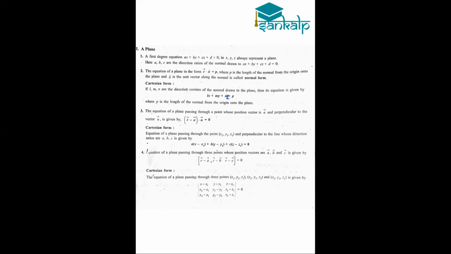The same equation can be written in Cartesian form as the determinant of x minus x1, y minus y1, z minus z1; x2 minus x1, y2 minus y1, z2 minus z1; x3 minus x1, y3 minus y1, z3 minus z1 equal to 0. So here we are replacing a with x1, y1, z1, we are getting the first row. We are replacing b with x2, y2, z2, we are getting the second row, and c we are replacing it by x3, y3, and z3.